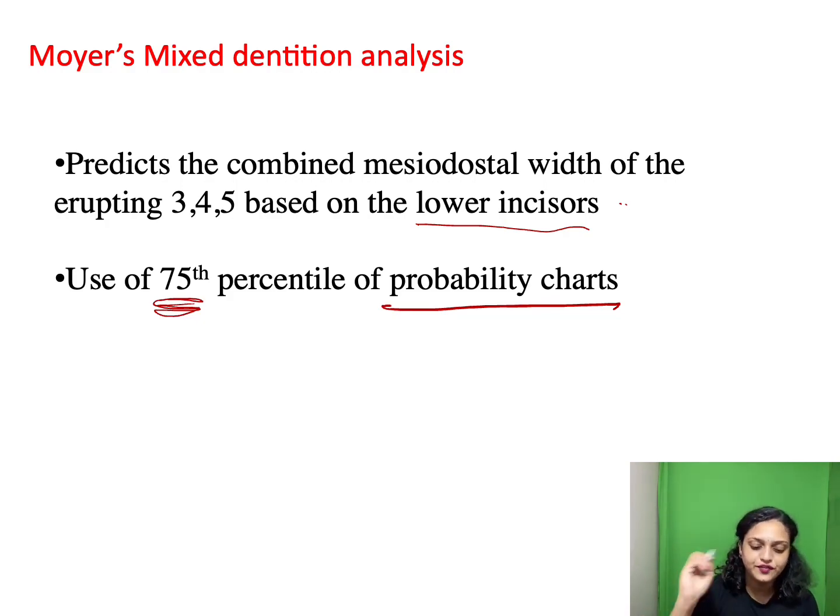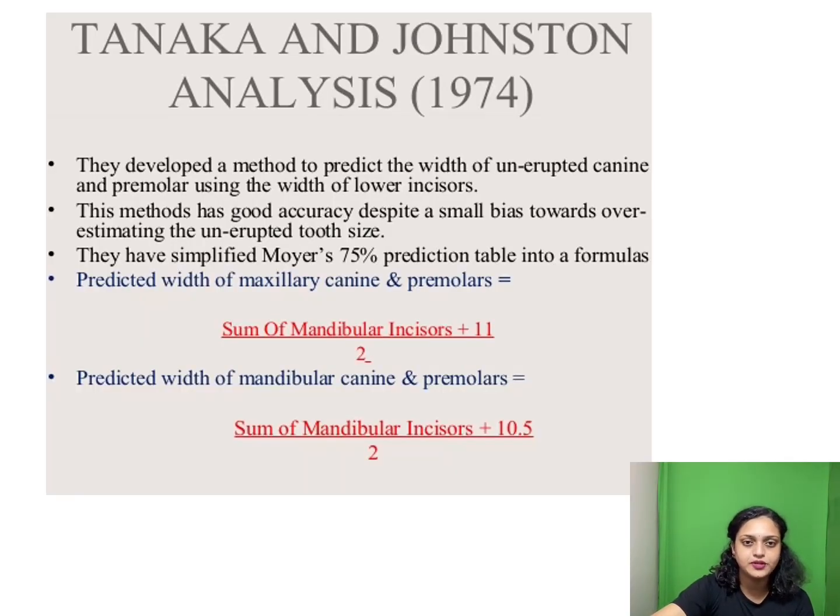So when a patient comes, you measure the size of the lower incisors. In the charts, you see the table, and you get your measured combined width of the premolars and canines. That's the Moyers mixed dentition analysis. Probability chart is what you have to remember.